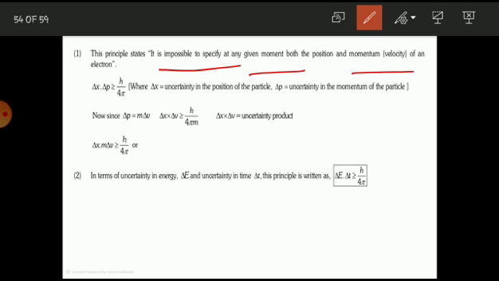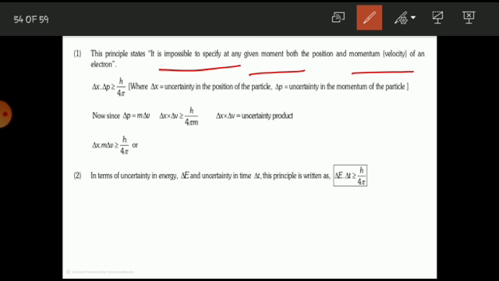Simultaneous determination of the exact position and momentum of an electron is not possible. So that is called the Heisenberg uncertainty principle.